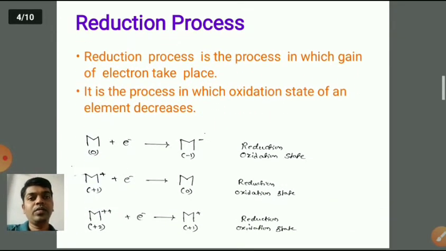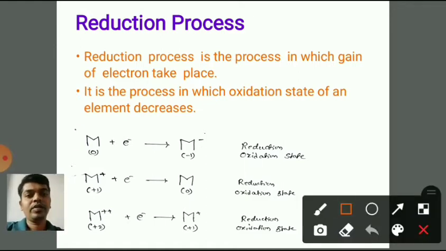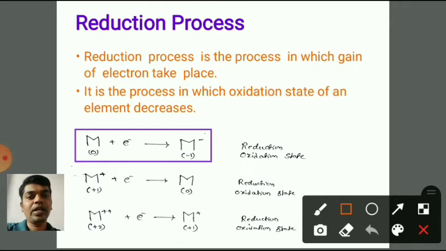Now the reduction process, or you can say the reduction reaction. In this process, the gain of electron takes place, or you can say the process in which the oxidation state of an element decreases. Now it can be understood by taking an example. In the first example we have taken one neutral element M, having oxidation state 0.